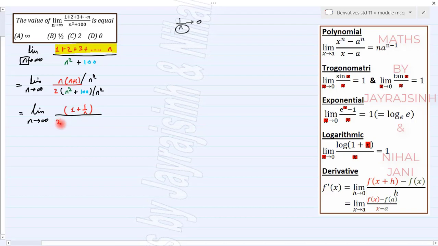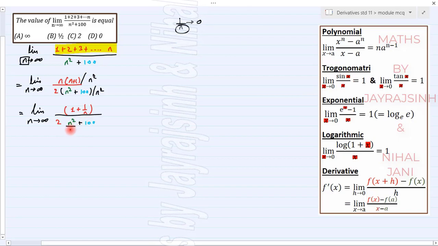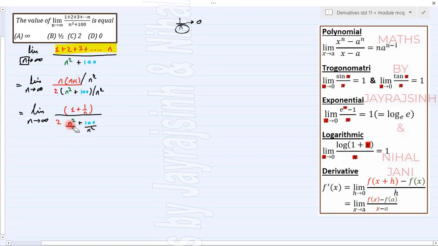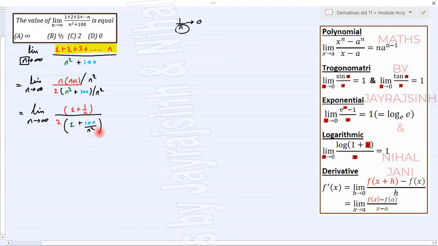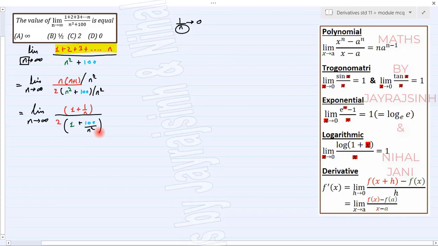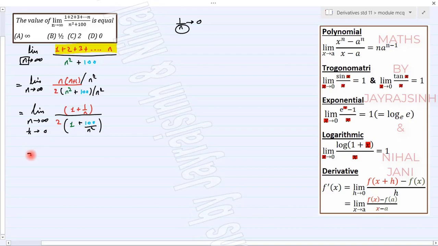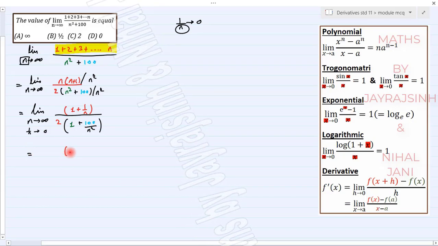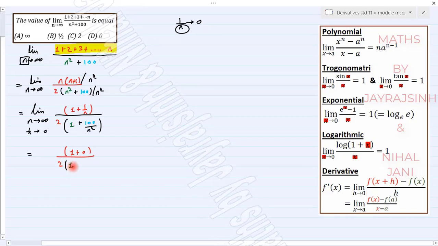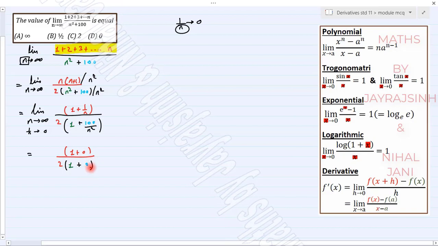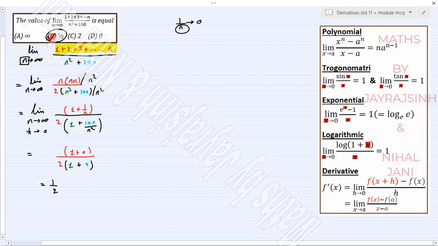Similarly, in the denominator, we'll have (n square plus 100) upon n square, or we can say we will have 1 plus 100 upon n square. So we can say if n tends to infinity, 1 upon n will tend to 0. Apply the limit, we will get (1 plus 0) upon 2 times (1 plus 0). Or we can say your final answer will be 1 by 2, which is in option B.